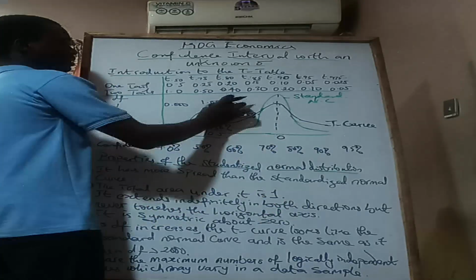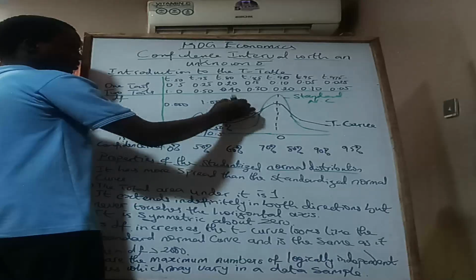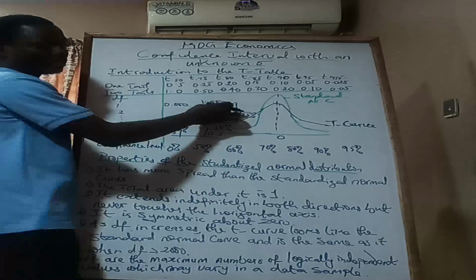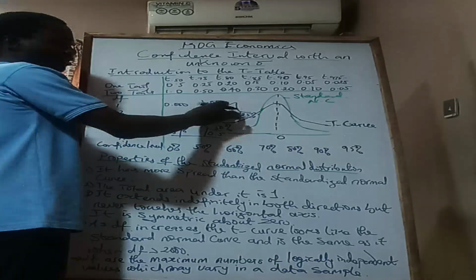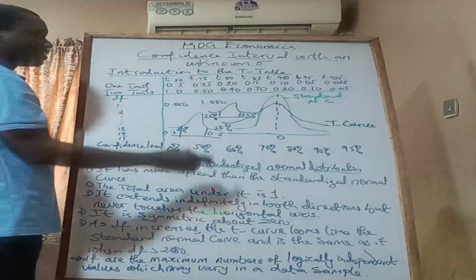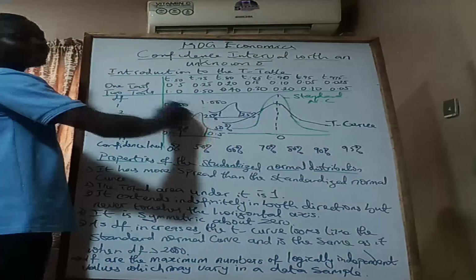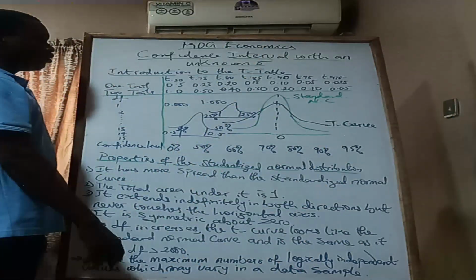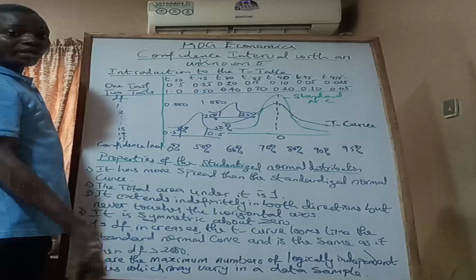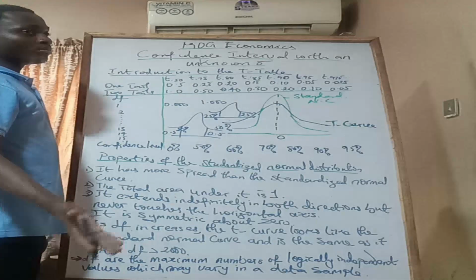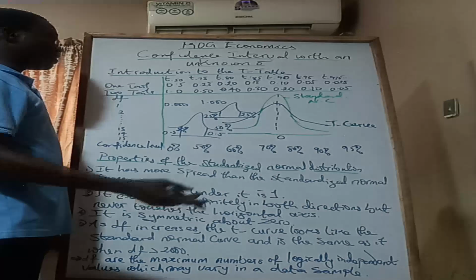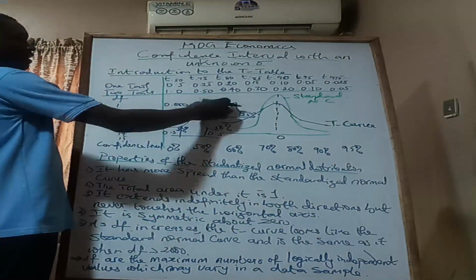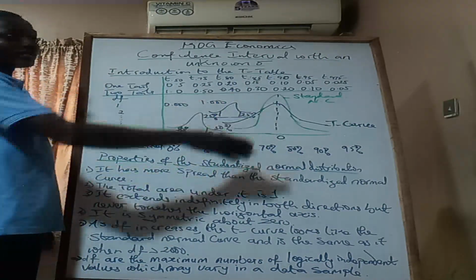Which is telling us that our confidence level here is 50% now. Do you understand? The area here is now representing 50% of the whole total area. Which is telling us where our estimated parameter is going to lie, like 50% of the entire region.